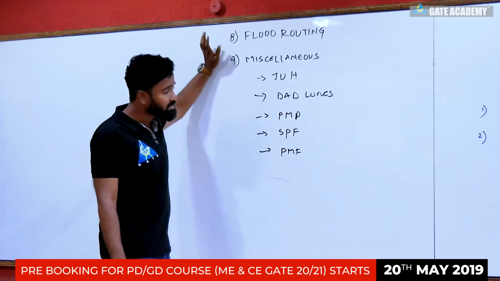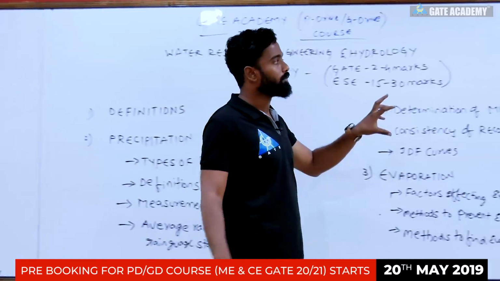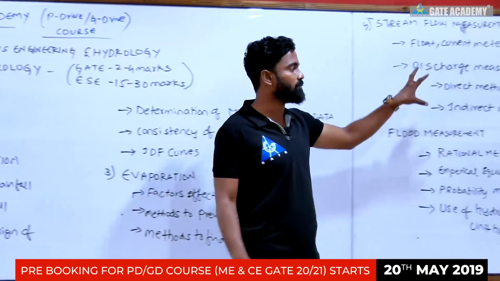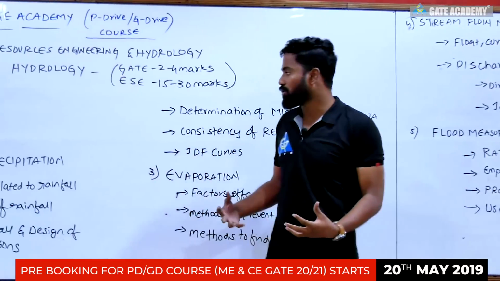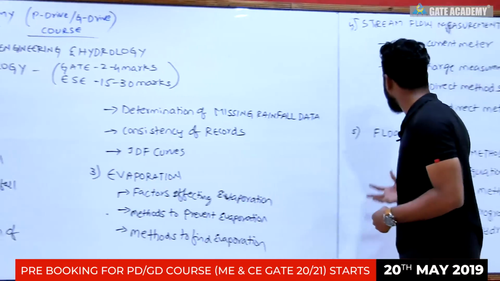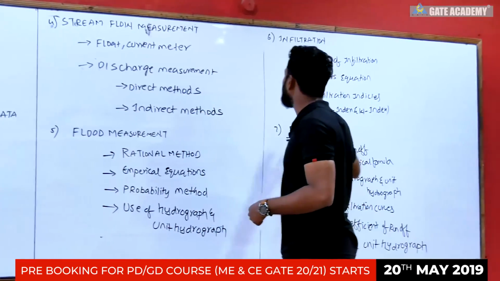The major things you have to see in hydrology, from the GATE point of view, are precipitation, infiltration, runoff, and from the engineering services point of view are precipitation, evaporation, flood measurement, stream flow measurement, and hydrograph and unit hydrograph.